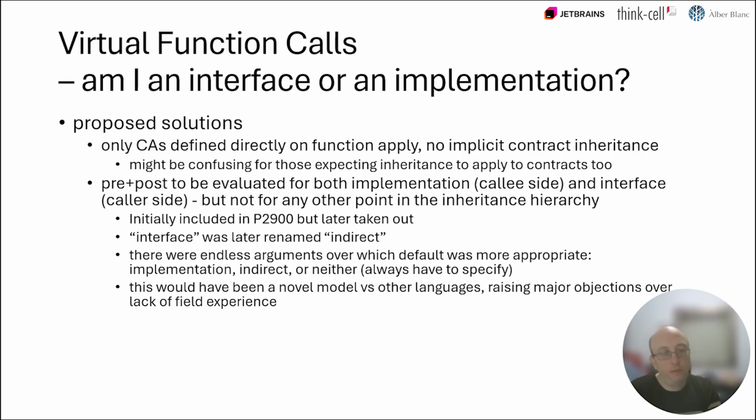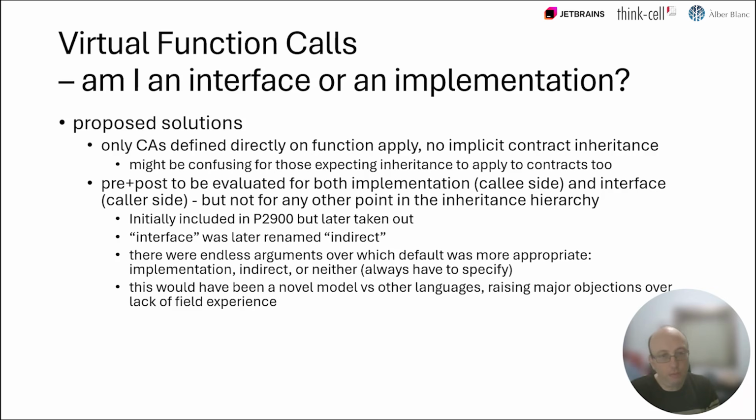Some solutions that were considered: a somewhat simplistic one, perhaps in line to some extent with what we've seen so far, would have had only contract assertions defined directly in the derived function apply, with no contract inheritance.